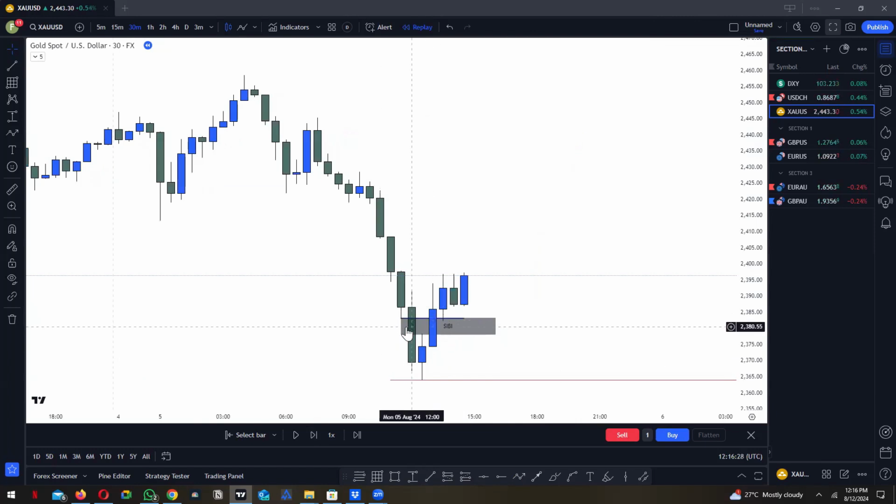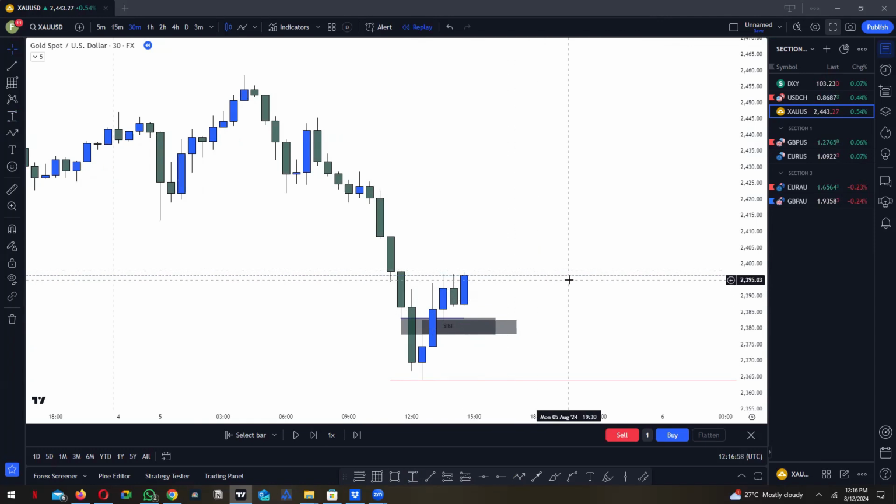So as price broke above this bearish fair value gap, price pushed all the way to the upside and also created another bullish fair value gap here. So we actually have a sell side imbalance, buy side inefficiency switching to a buy side imbalance, sell side inefficiency. Right now we have this inverse fair value gap here, two fair value gaps overlapping with each other.